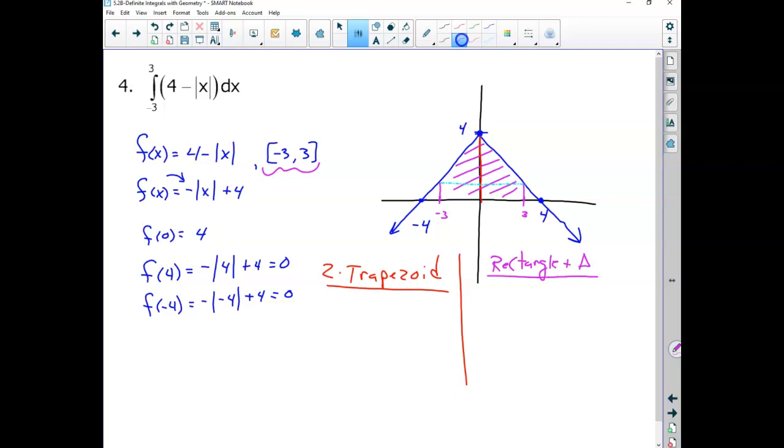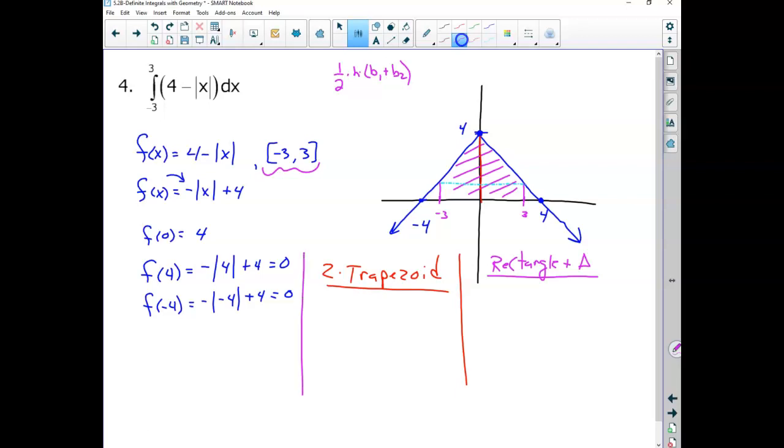Whatever you want to do. I would personally prefer the trapezoid. Remember, the area of a trapezoid is 1/2 times the height times the quantity of base 1 plus base 2. That's a good formula to memorize because you're going to be using the trapezoidal sum, and we're going to be looking at that pretty soon.